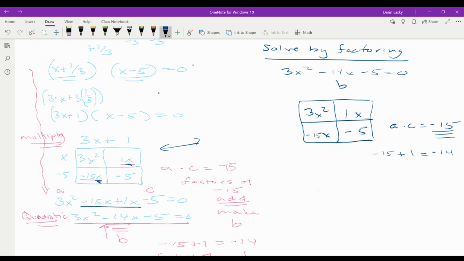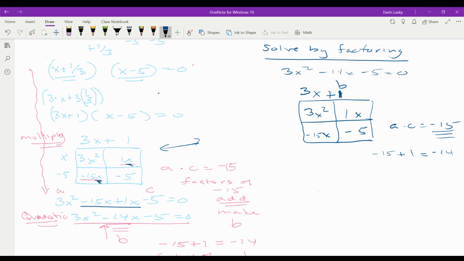I can divide the coefficient 3 out of each of those. There's my 3. I can divide an x out of both of these. There's my x. And I can divide a 1 out of both of those. There's my 1. So there's my 3x plus 1.